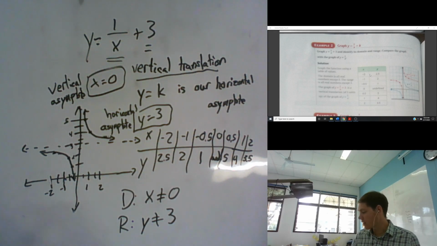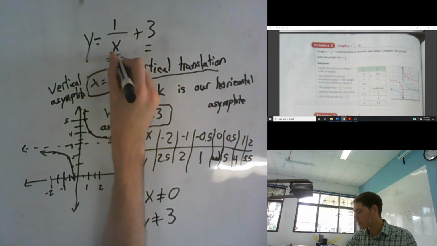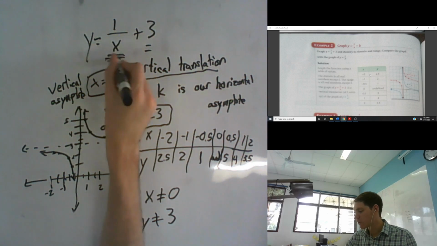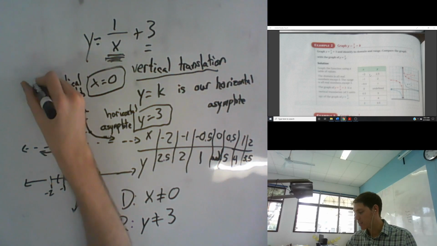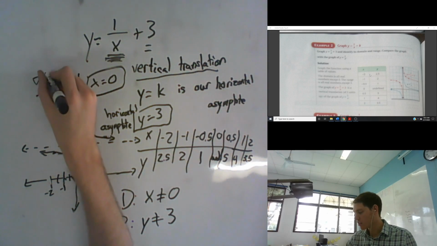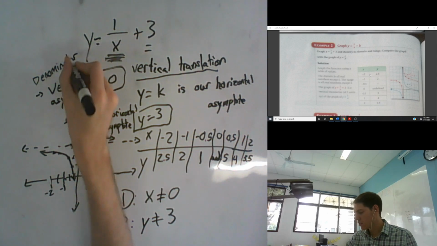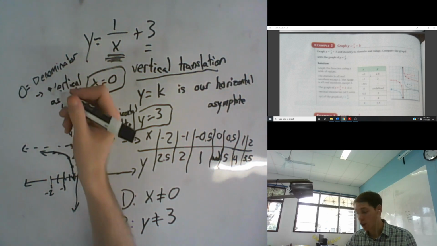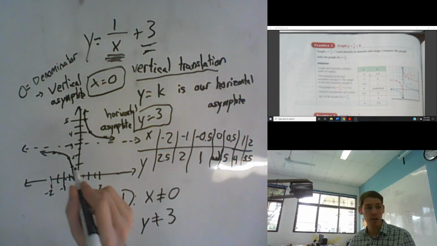So asymptotes, the secret is vertical is whenever the bottom here equals 0. So whatever the work is, when the bottom equals 0, that's your vertical. Okay, vertical is denominator equal to 0. Set it equal to 0 and then solve it. The horizontal is whatever you're adding.